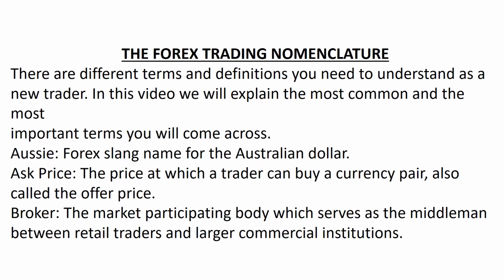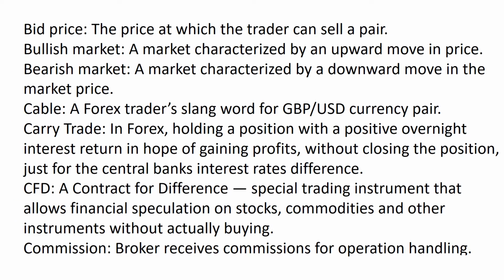Ask price, the price at which a trader can buy a currency pair, also called the offer price. Broker, the market participating body which serves as the middleman between the retail trader and larger commercial institutions. Bid price, the price at which the trader can sell a pair.